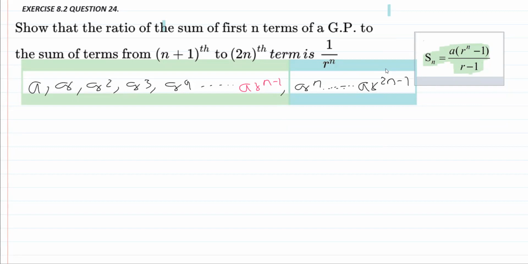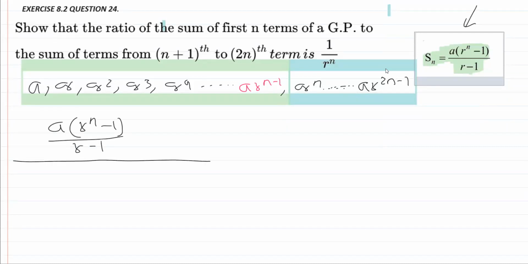So let's first find the sum of the first n terms using this formula. That's going to be a times r raised to the power n minus 1 over r minus 1, and that is divided by this. We cannot directly find the sum of the terms from ar raised to the power n till this.